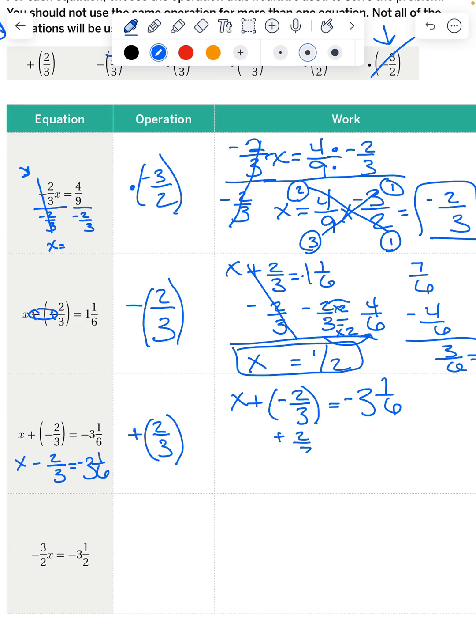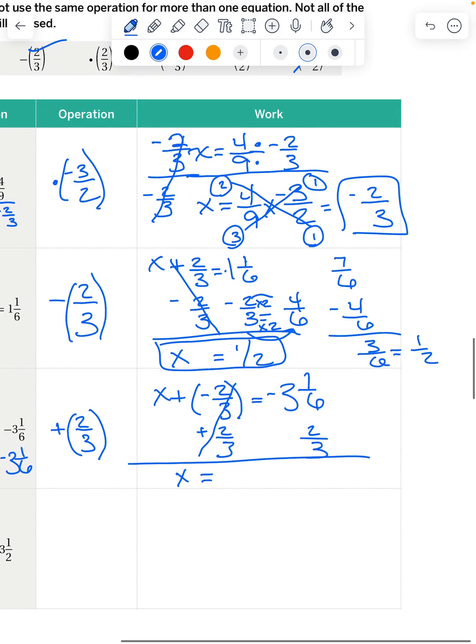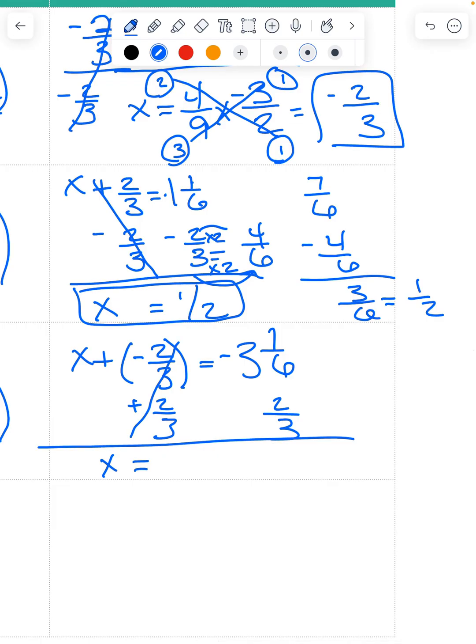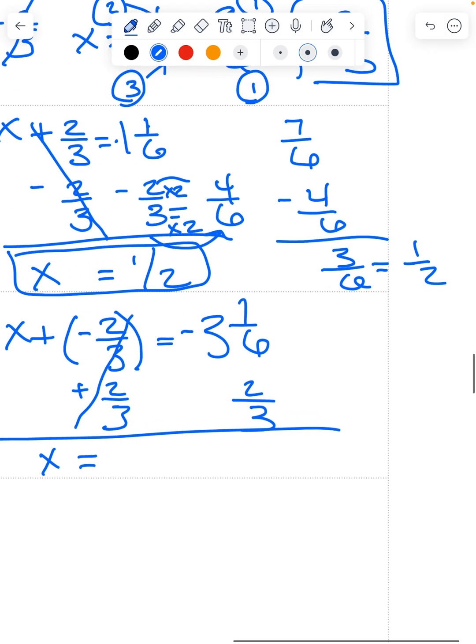And again, I'm going to add 2/3 to both sides. Because a -2/3 plus 2/3 is 0. I've got my x left, or by itself. Over here, I've got a -3 1/6. And I'm adding 2/3. Those are different signs.